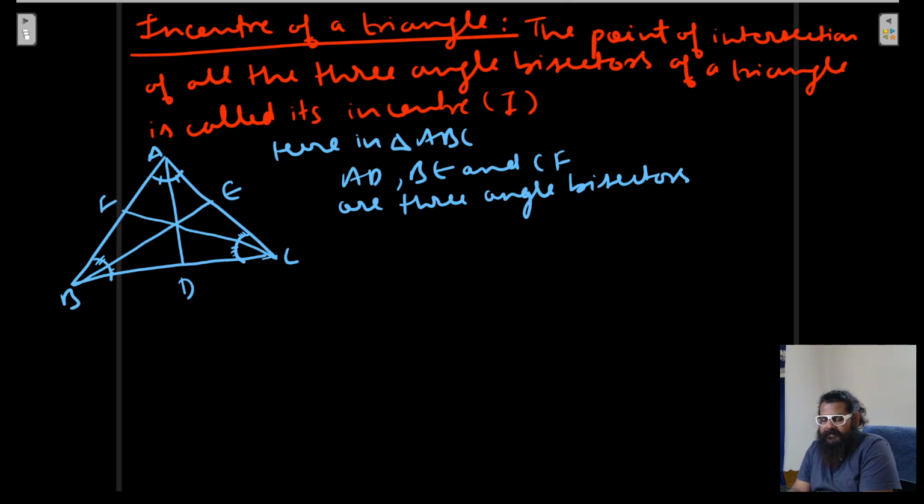This red point inside this triangle is the point of intersection of all these three angle bisectors. So this is the incenter of this triangle ABC, and it is denoted by capital I.